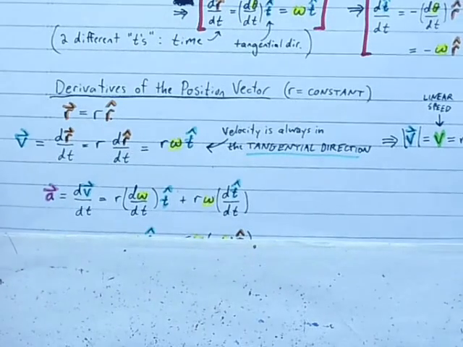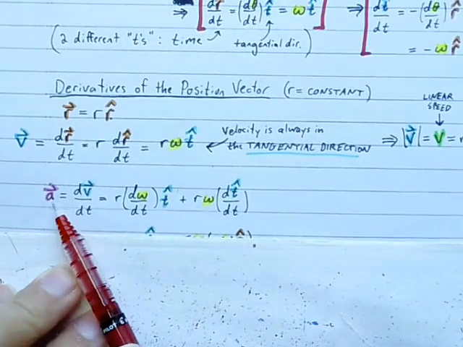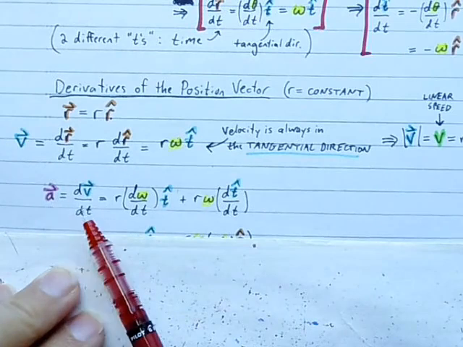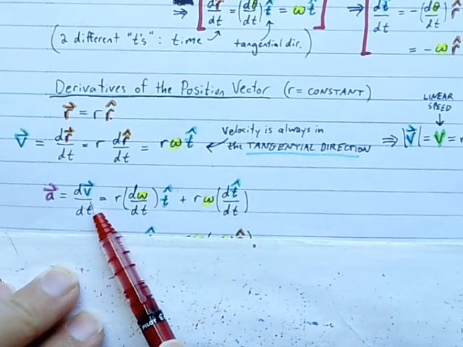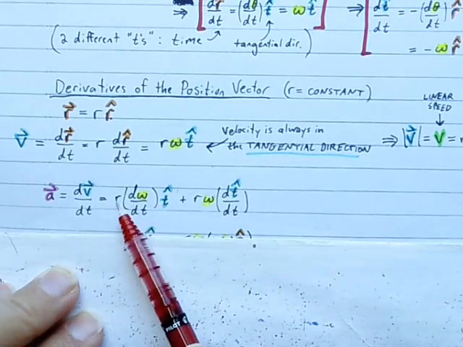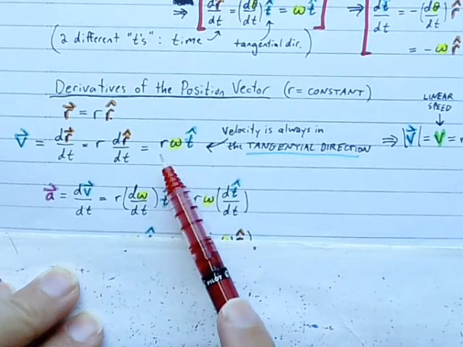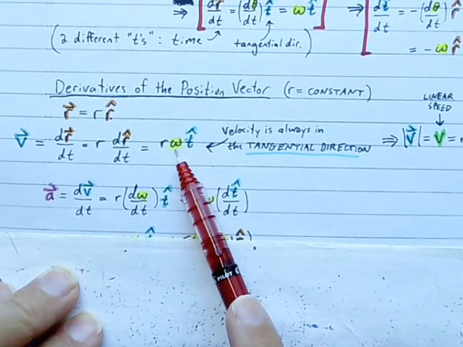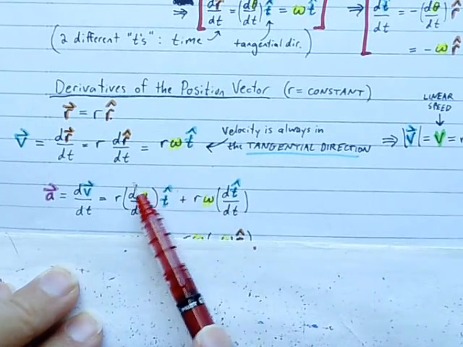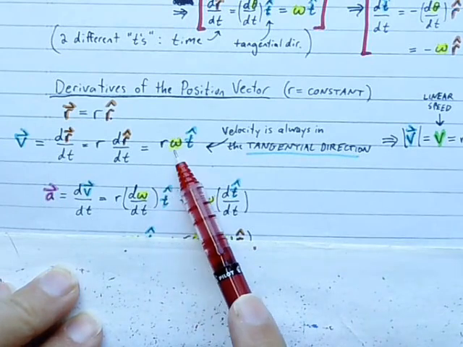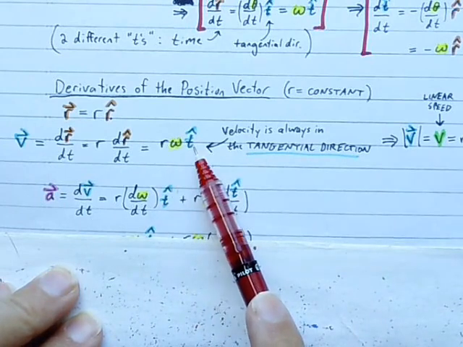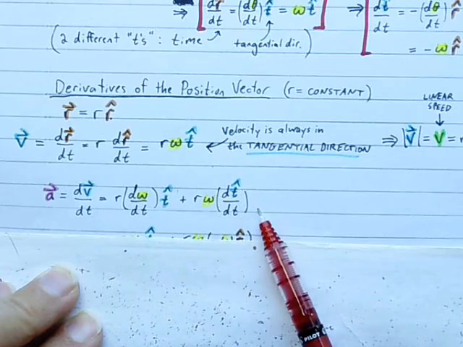Okay, so now our acceleration vector. It's defined as the time derivative of our velocity vector, the instantaneous rate of change of the velocity vector. r is a constant, but we have to chain rule this. So it'll be r times d omega/dt times t hat, that's this term, plus r times omega times dt hat/dt, that's this term.